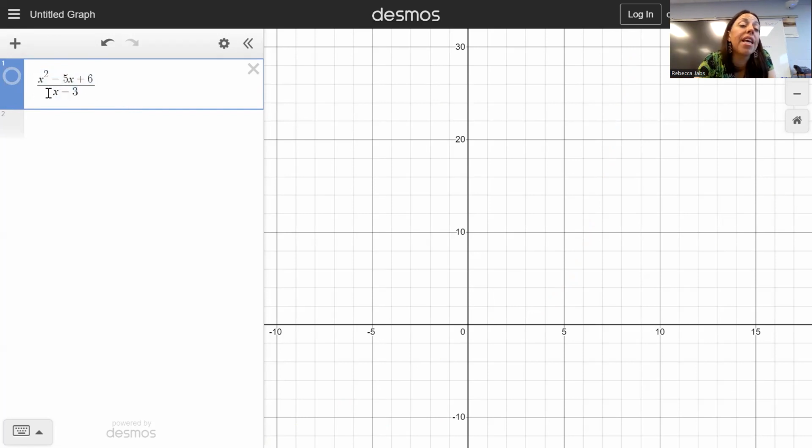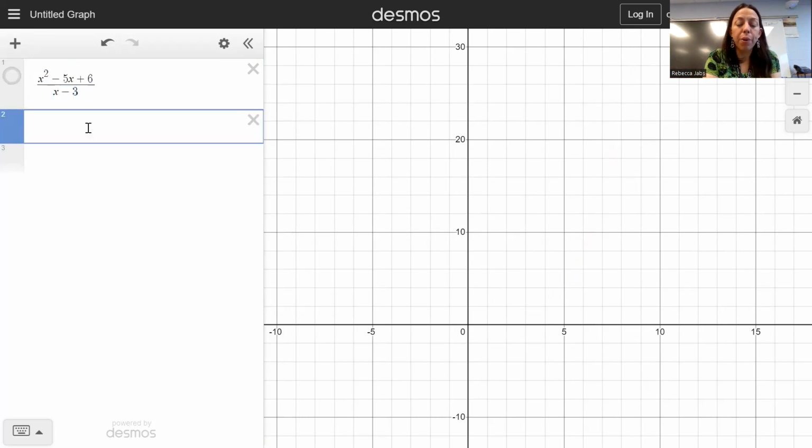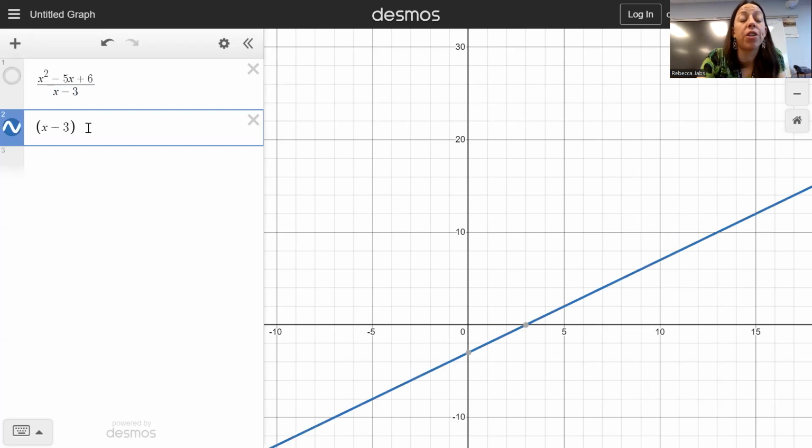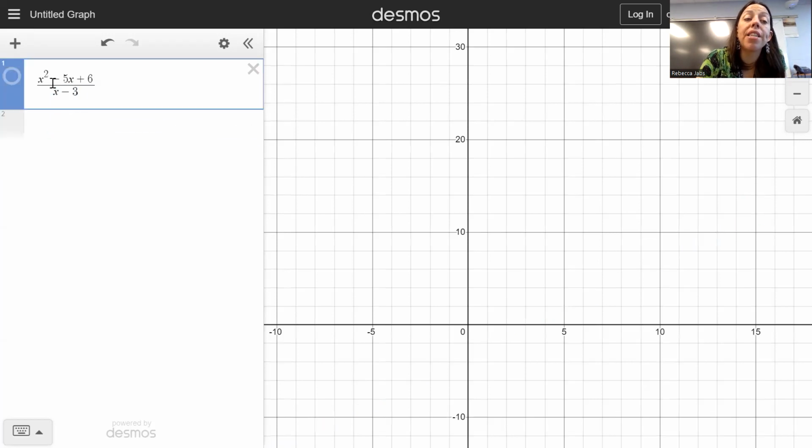But the only place it is discontinuous is where the denominator would be 0. The denominator would be 0 here when x equals 3. Because again, remember when we were solving binomials, if I saw x minus 3, the answer was positive 3 because we had to flip the sign of this. So the only place this is discontinuous is 3.